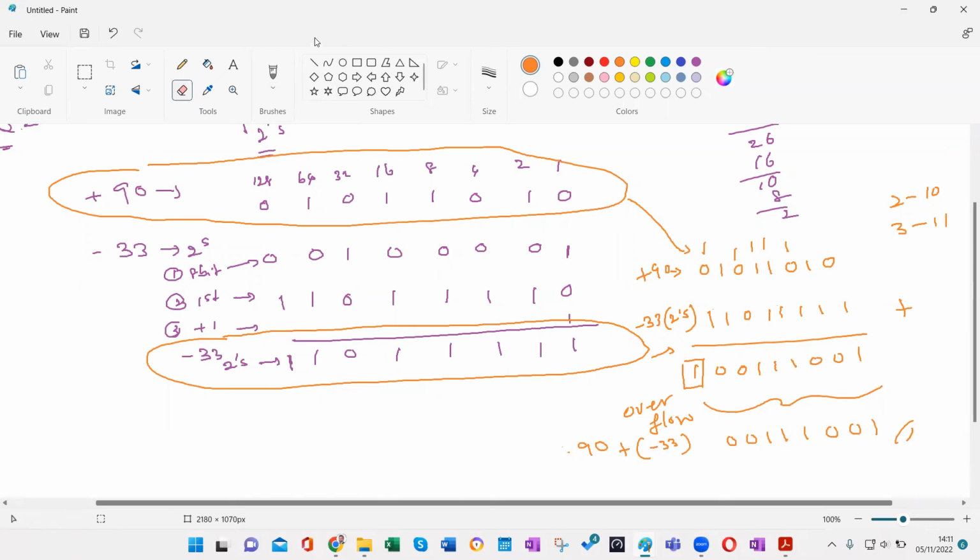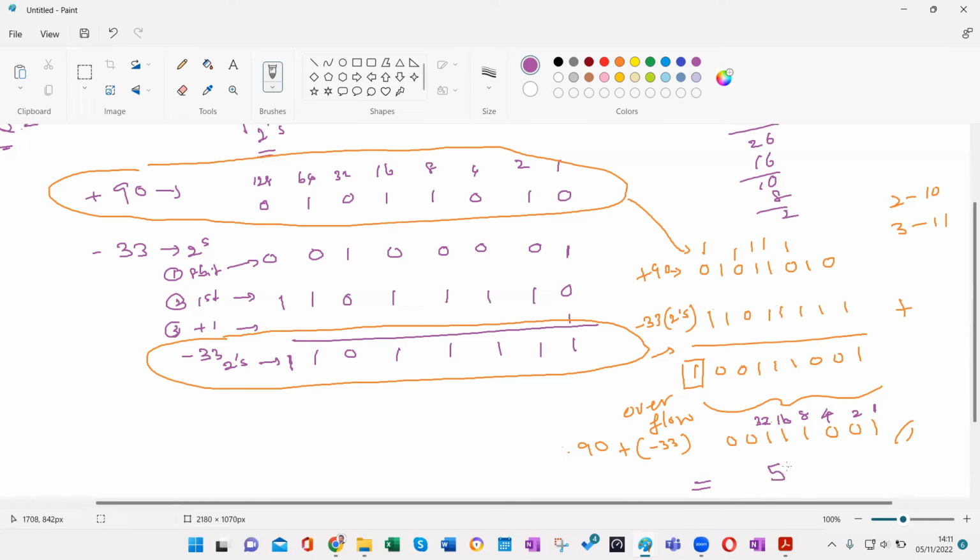Now let's look at this value and see what it represents. If you write the positional values here, 1, 2, 4, 8, 16, 32, and add them up, 32 plus 16 is 48, plus 8 is 56, plus 1 is 57.